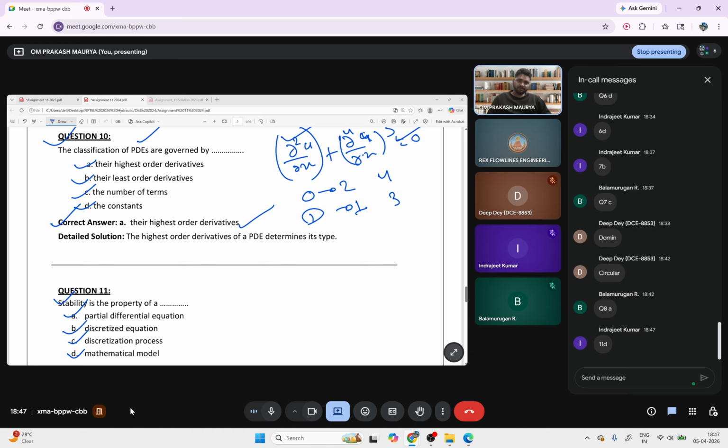For 11, Indrajit is telling option D, that is mathematical model. The stability is a property of a mathematical model. Nice. Other student, please. Bala is telling C, discretization process.